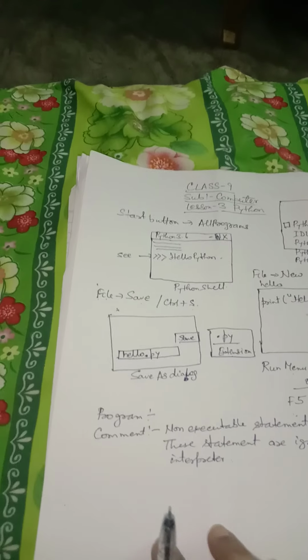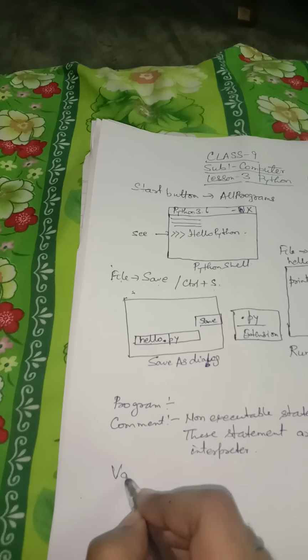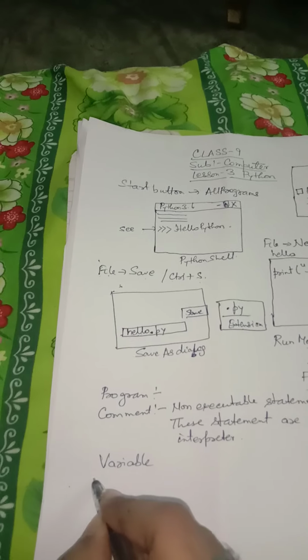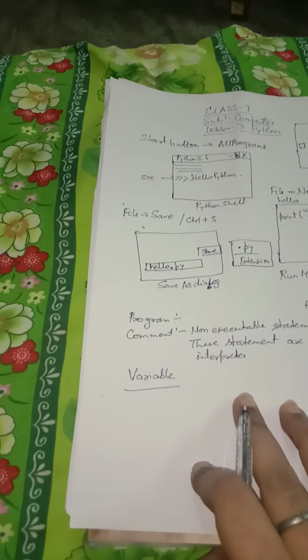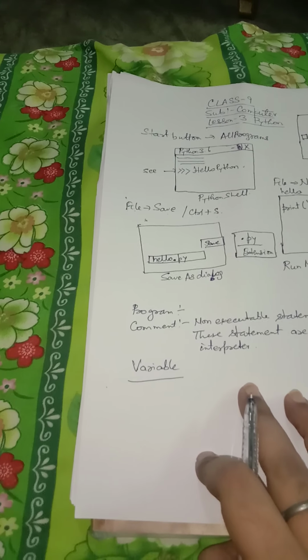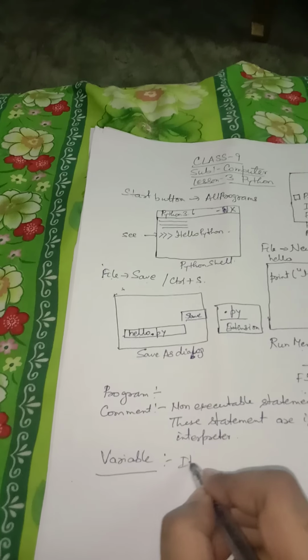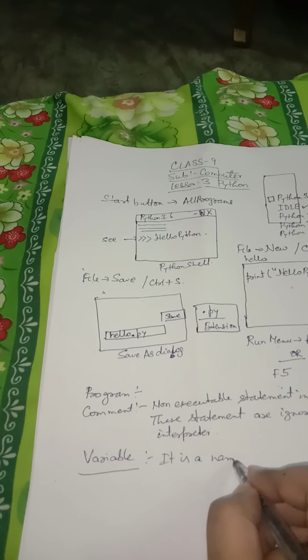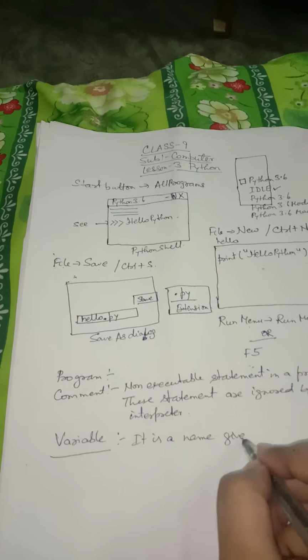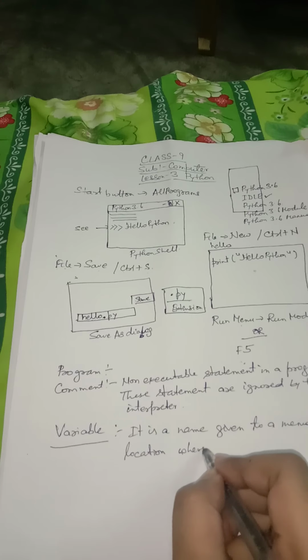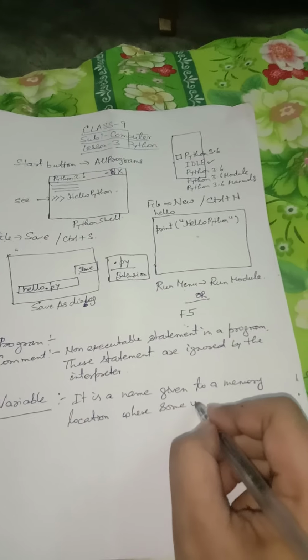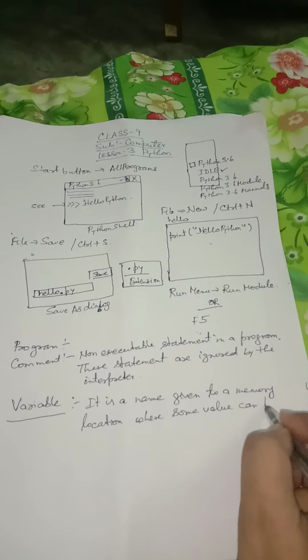Next, we come to the topic of variable. It is an important topic. So what is a variable? A variable is a name given to a memory location where some value can be stored.